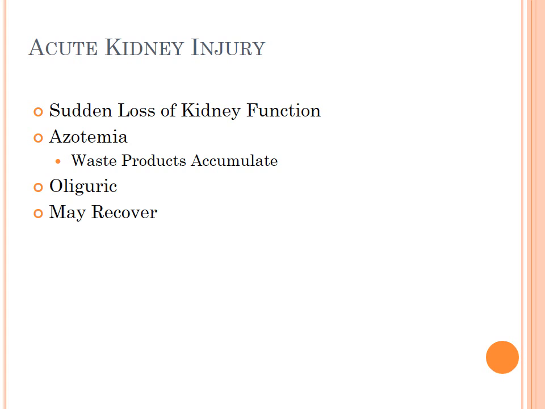Acute kidney injury is our next topic. We're going to talk about acute kidney injury as well as chronic kidney disease. It's when there's a decrease in the function of the kidneys, and it could be a chronic condition or acute. In the case of AKI, it's a sudden loss of kidney function. So remember, the kidney's function is to get rid of waste products.